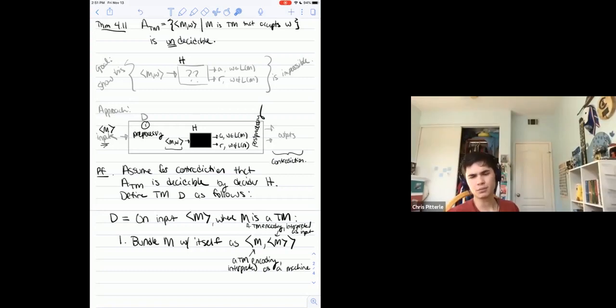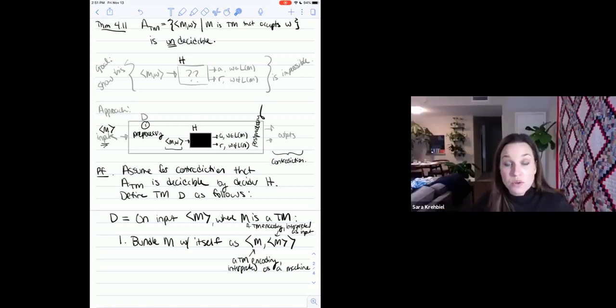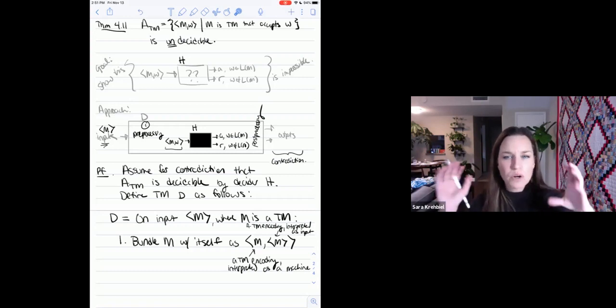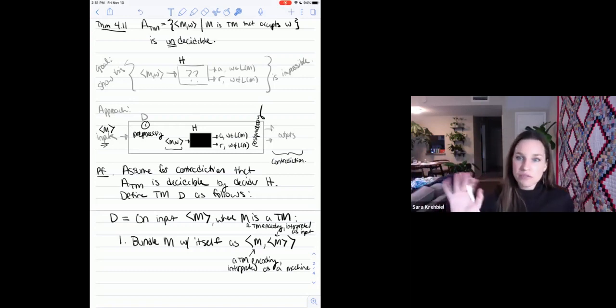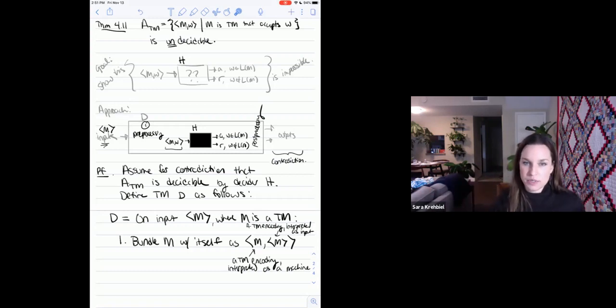Sorry, how can M by itself be interpreted as an input? Yeah, so there's an encoding of M, and we're always thinking in terms of binary. Let's say instead of just Turing machines in general, we're talking about DFAs.